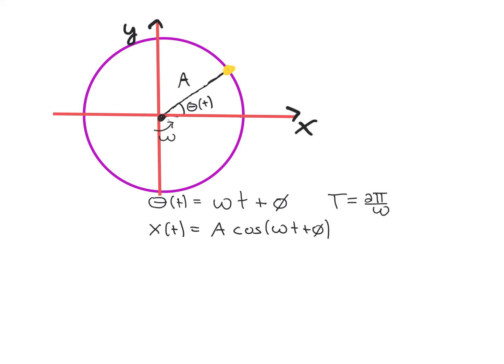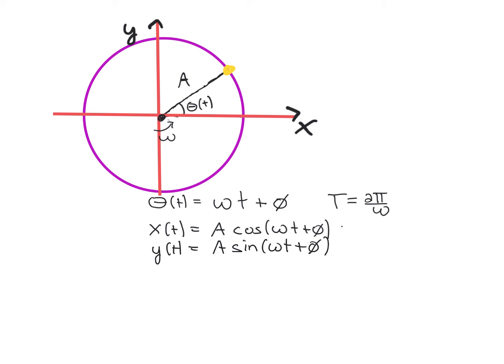And similarly, the y component, that's just the side of this right triangle here opposite the angle theta. So the y component of the yellow dot as a function of time, we can write as A times the sine of omega t plus phi.